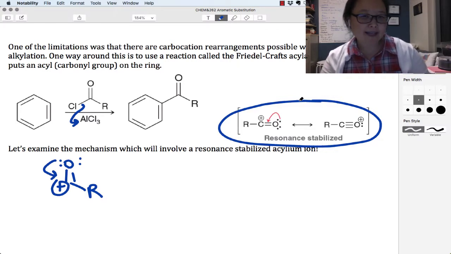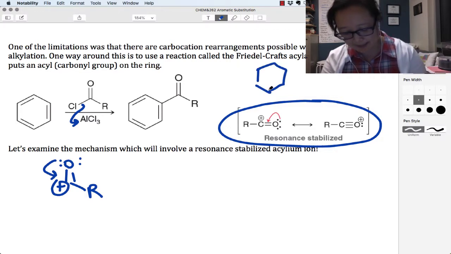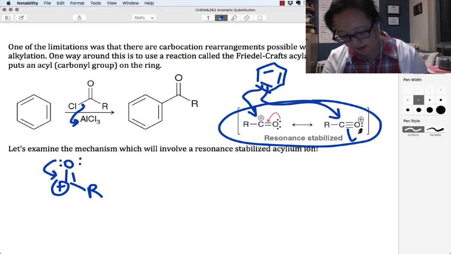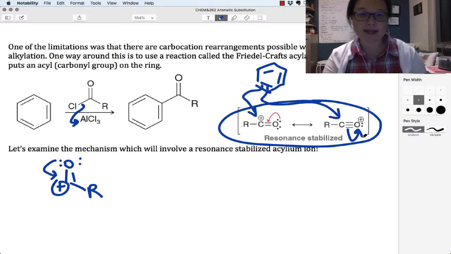And that's why it is fine reacting here with the benzene. So benzene is going to attack this positive charge right there. Or it could attack this carbon and then push the electrons out. Either way, it's going to attach to this carbon right here.